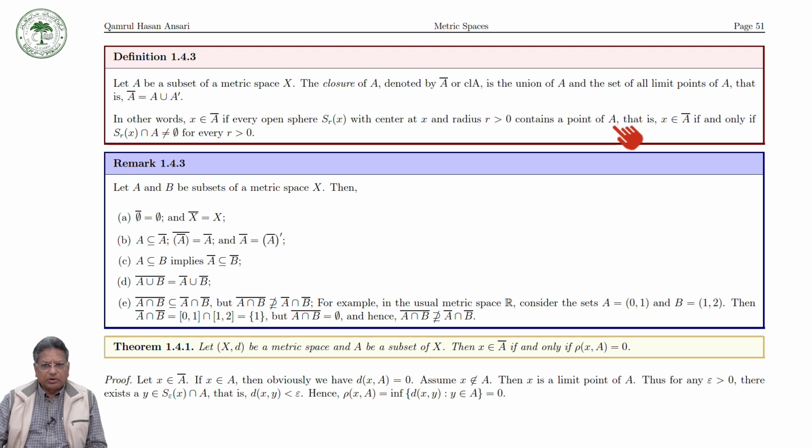In other words, x is an element of the closure of A if and only if S_r(x) intersection A is non-empty for every r greater than 0.